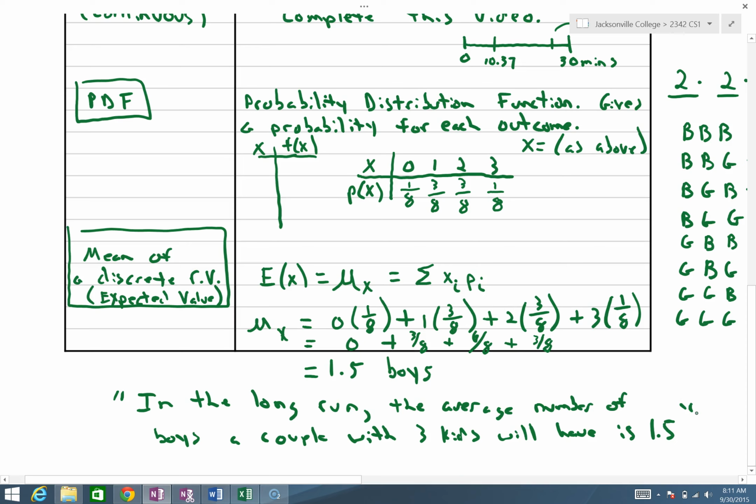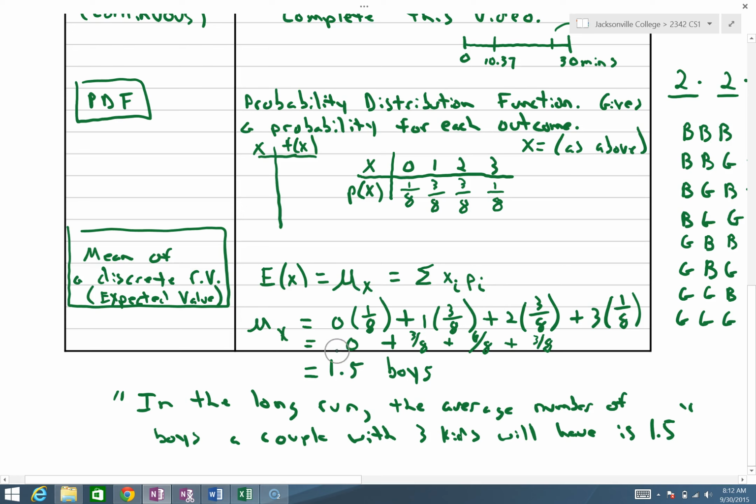No. Sometimes you're going to have 0. Sometimes you're going to have 1. Sometimes you're going to have 2. Sometimes you're going to have 3. But if we took all of those couples that had 3 kids and added up their number of sons and divided by the number of people there, it's going to be 1.5. And that makes perfect sense because half the time you're going to have boys and half the time you're going to have girls. If you're having 3 kids, 1.5 will be your long run average.